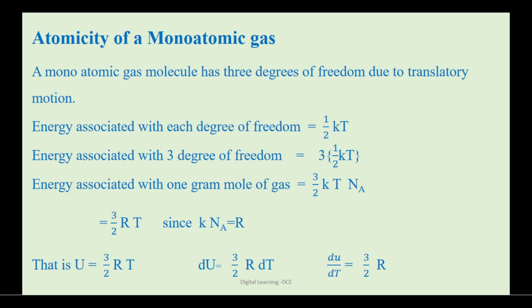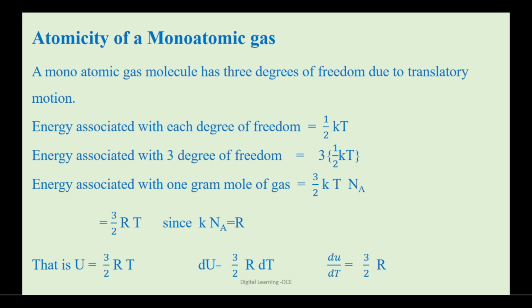Next, the total energy associated with 1 gram mole of a gas is equal to 3 by 2 kT times Na. Here, Na represents Avogadro's number, T is the absolute temperature and k is Boltzmann constant. Here the product of k and Na represents the universal gas constant, that is R value.